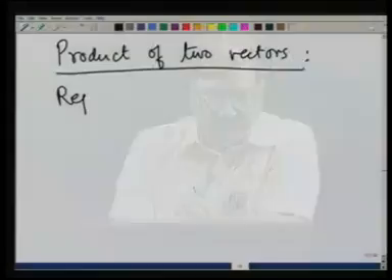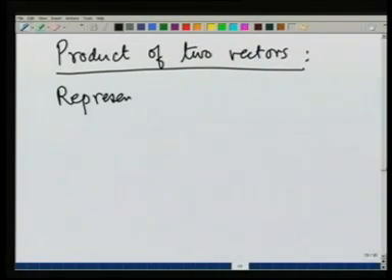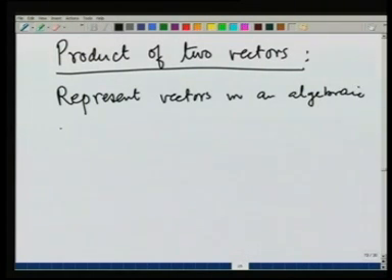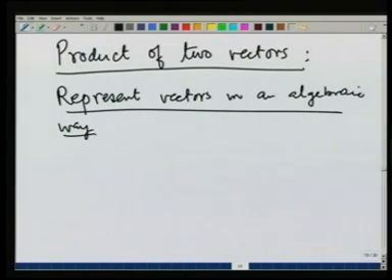So, first let us represent vectors in an algebraic way, and then we will be able to define the product of two vectors properly.